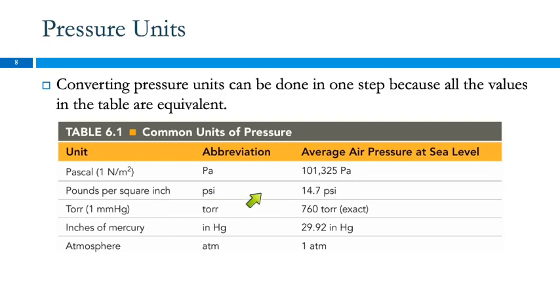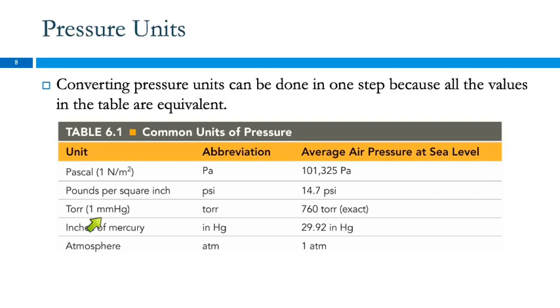So there's that. And over here what we have are the values in these different units of air pressure at sea level. So we can see the size of the units here are very different. 14.7 psi is atmospheric pressure. That's 101,325 pascals. So the pascal is a very small unit.